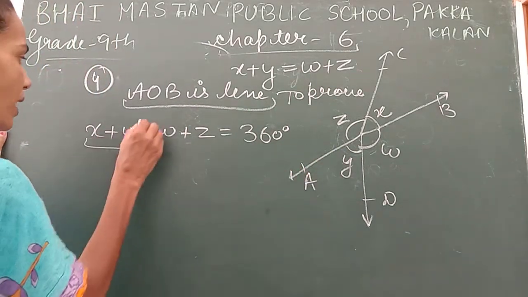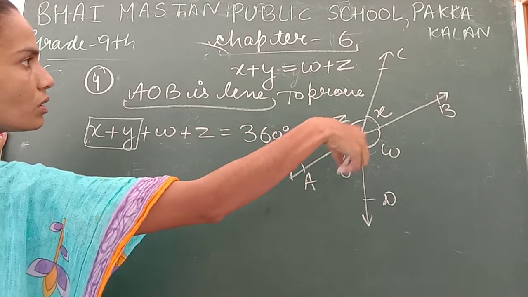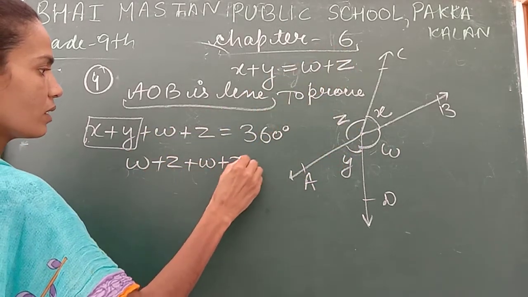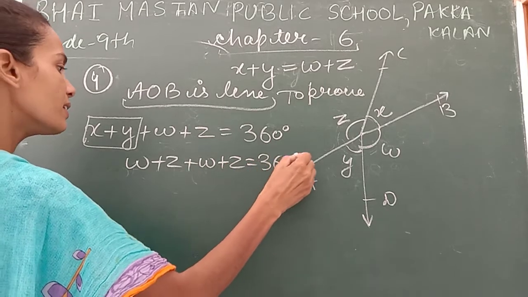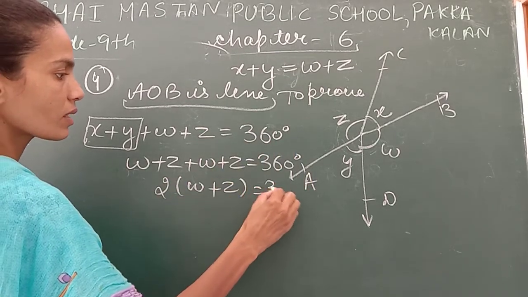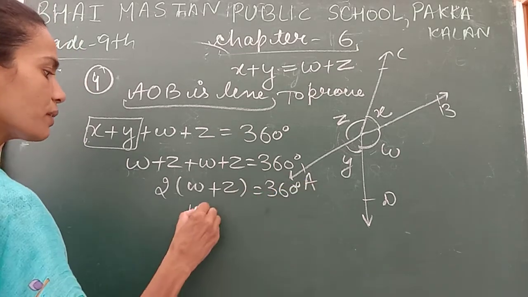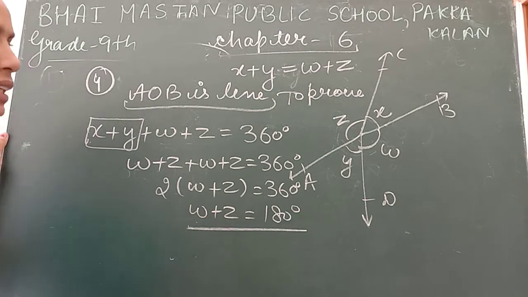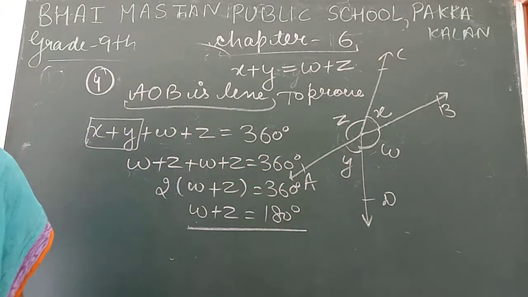So x plus y is equal to w plus z, and this is 360 degrees, so each is half of 360 degrees. It means w plus z is equal to 180 degrees. If w plus z is 180 degrees, it means x plus y is 180 degrees.